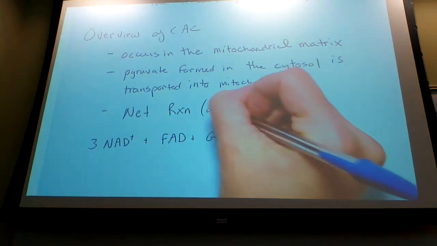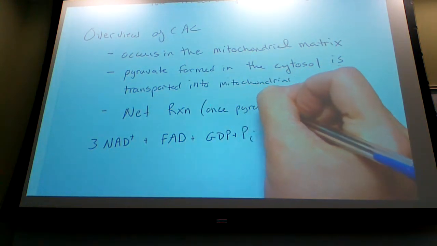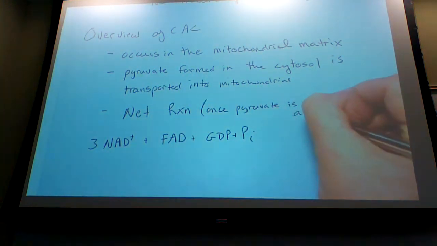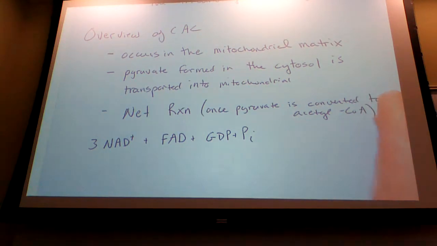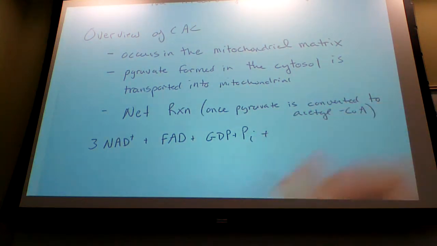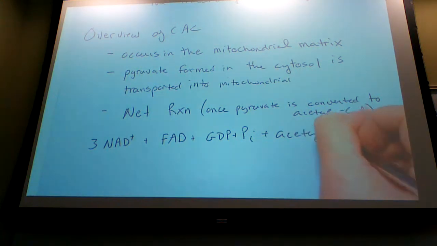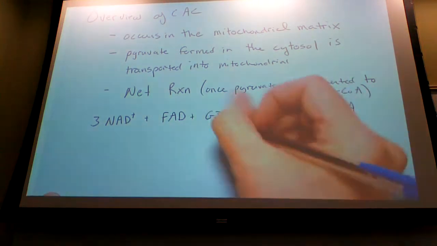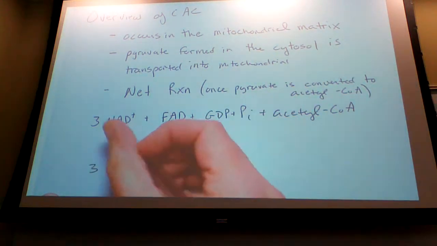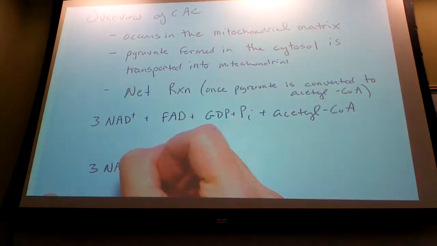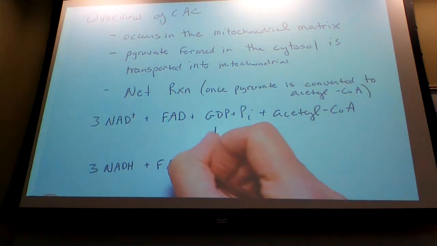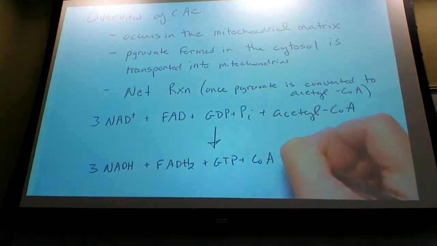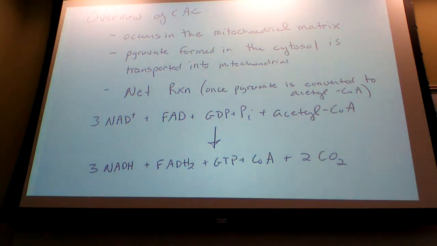And I should clarify that this is once pyruvate is converted to acetyl coenzyme A. So, one inorganic phosphate, one acetyl coenzyme A. And that's going to give me 3 NADH plus an FADH2 plus a GTP plus the coenzyme A plus 2 carbon dioxides.